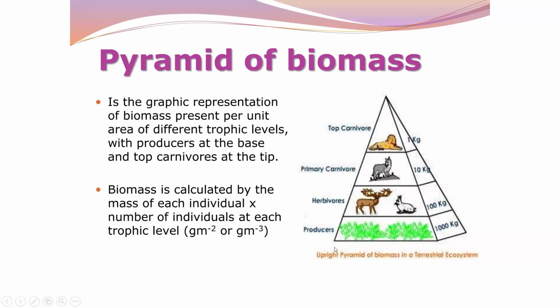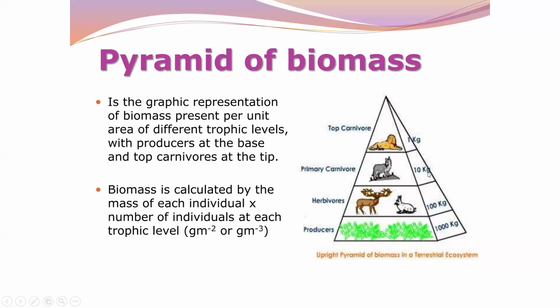This biomass pyramid is upright in the terrestrial ecosystem. For example, the producers' biomass is 1000 kg. Compared to that, the herbivores' biomass is less, at 100 kg.